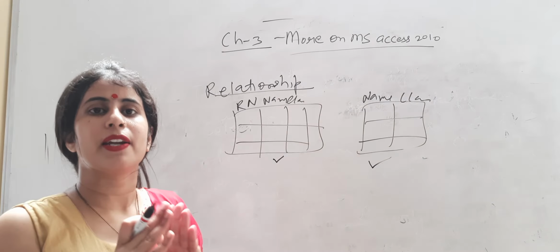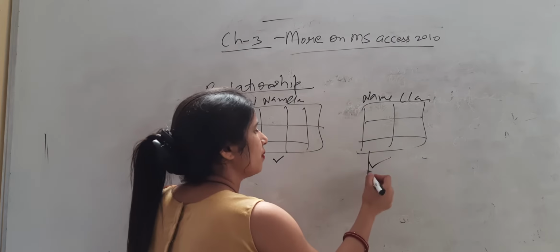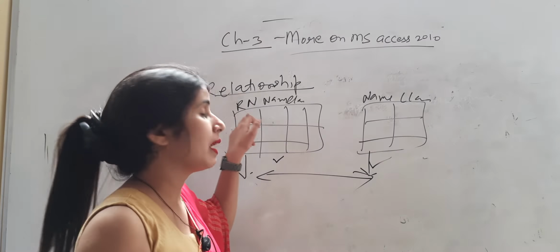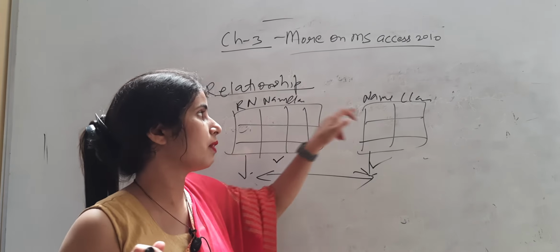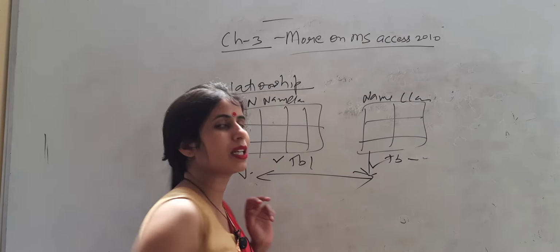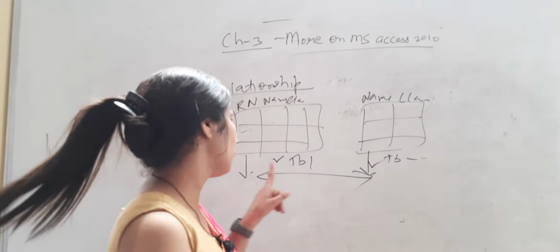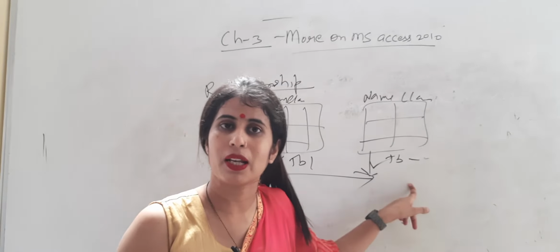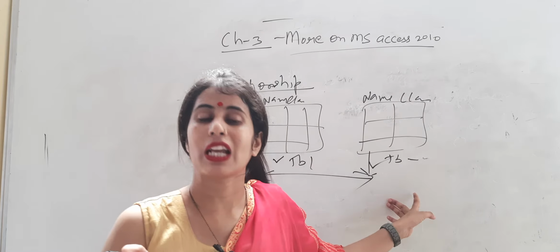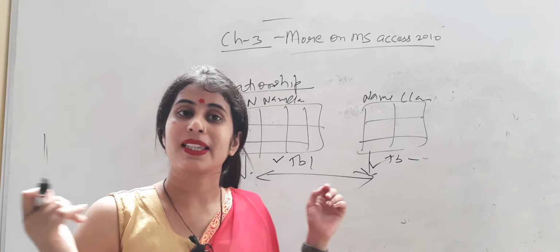So it combines one field of this table and one field of this table. Means the same field will be here and the same will be in table 1. This is table 1, this is table 2. Two tables are there. So it will keep one field the same in the first table and the second table. Why? So that it will associate these two tables. Associate means it can combine these two tables and we can get the data.